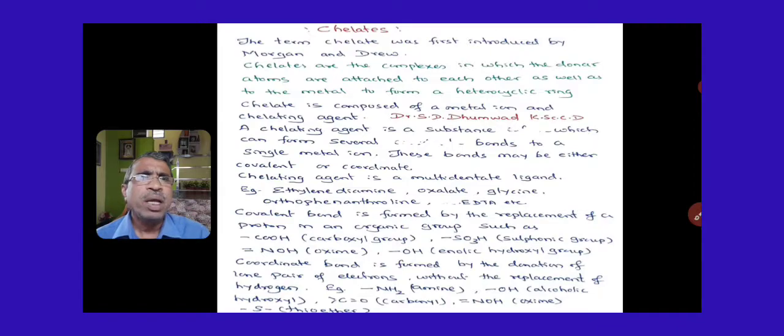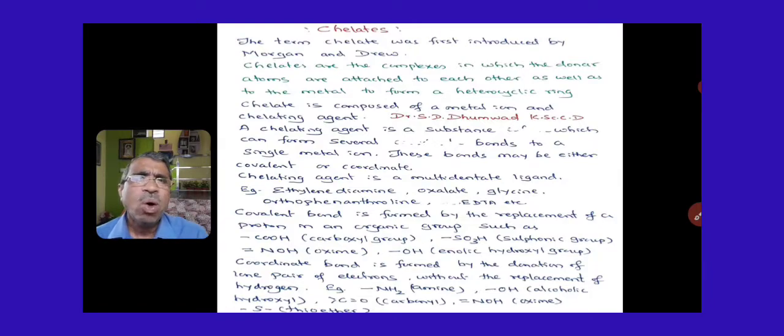These bonds may be either covalent or coordinate. Chelating agent is a multidentate ligand. So, chelating agents are always multidentate ligands. They may be bidentate, tridentate, tetradentate, or even hexadentate.